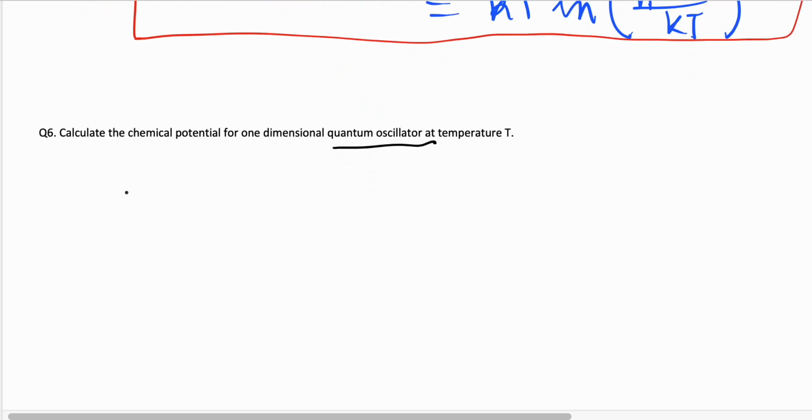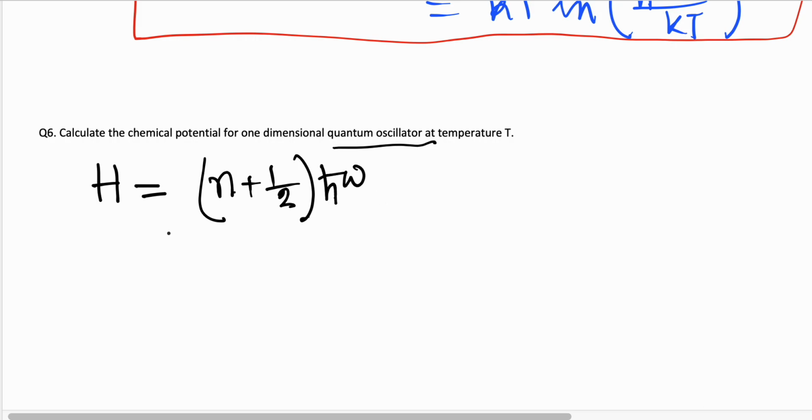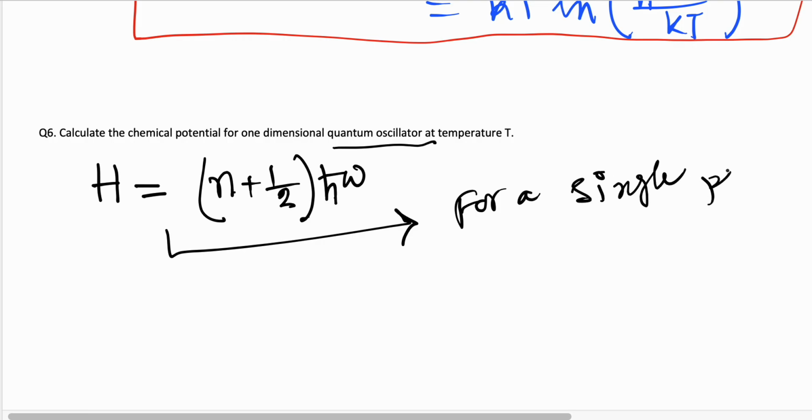So for a quantum oscillator we know that the Hamiltonian is H = (n + 1/2) ħω, with the ground state energy. This is the Hamiltonian for a single particle, and the property of the particle is denoted by this omega.